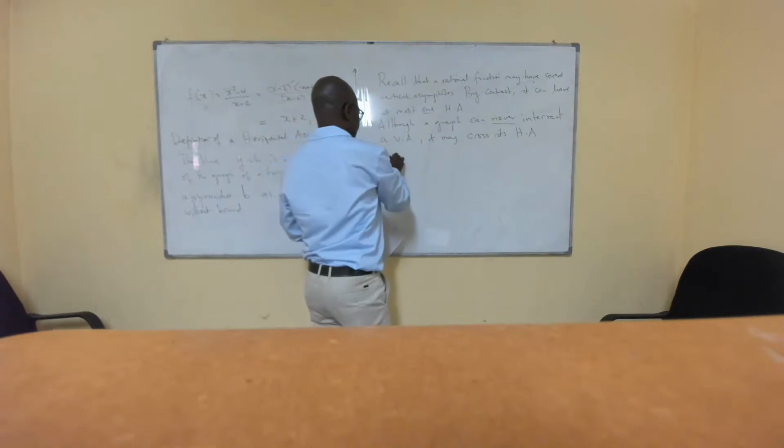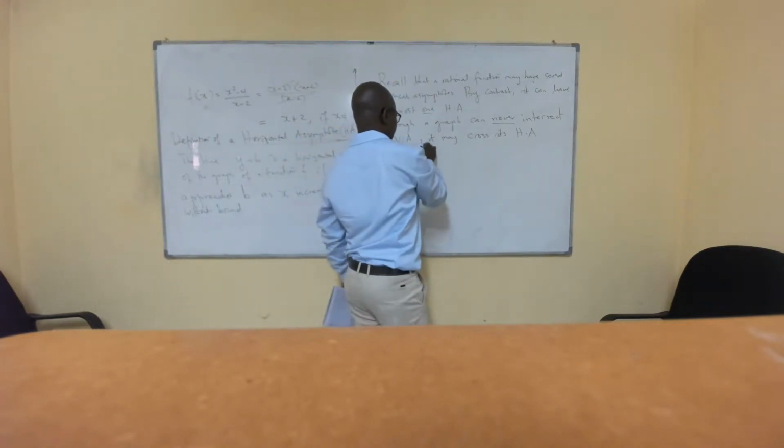So how do we locate horizontal asymptotes?